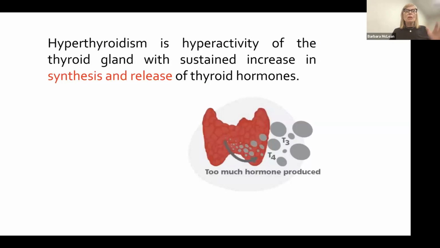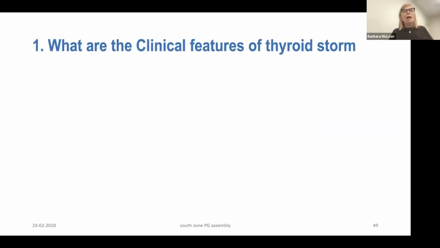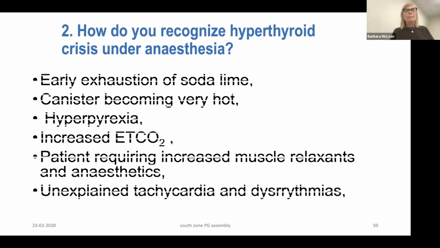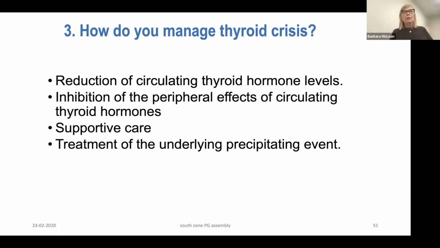It's the overactivity with sustained release and synthesis of thyroid hormones. And remember, fever, tachycardia, hypotension, you can see agitation, you can see diarrhea, you can see a lot of other problems, but always concentrate on the big four in hyperthyroidism: tachycardia, atrial fibrillation, hypertension, hyperthermia.